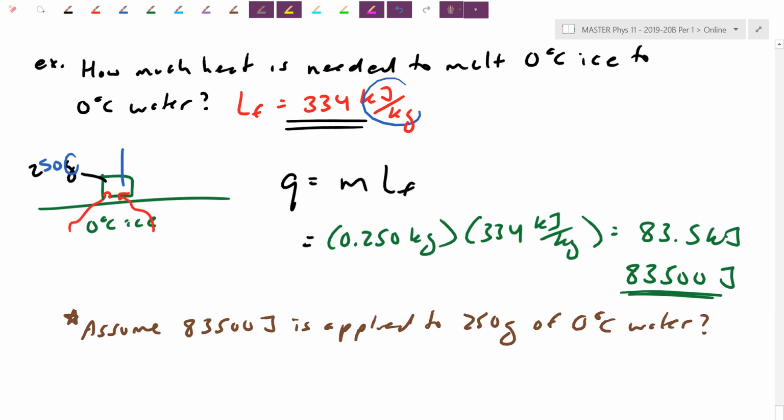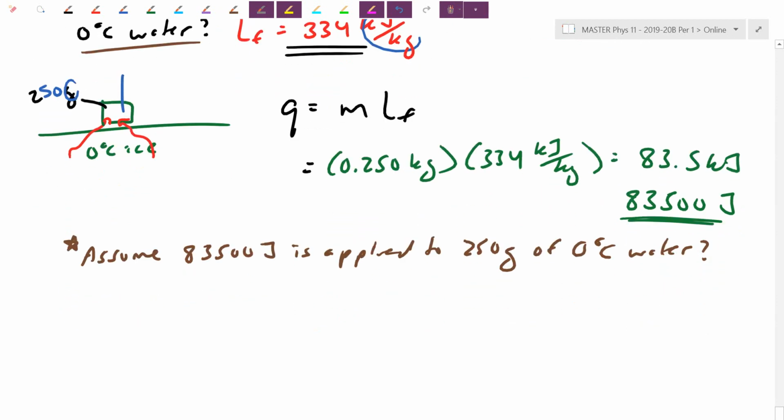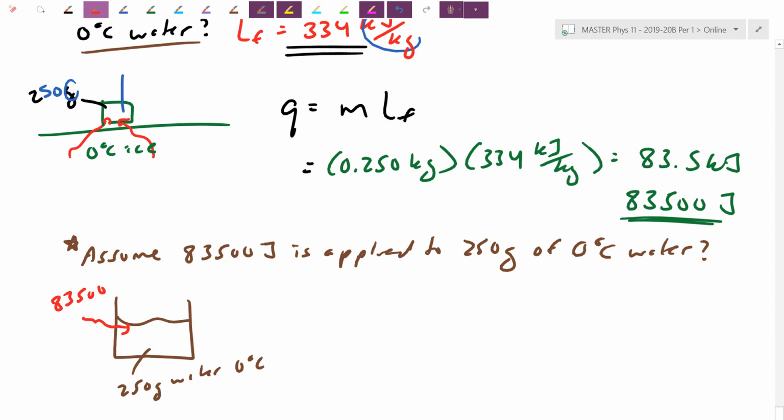So how this question has changed is, we started from 0 degree ice just to accomplish a phase change, solid to liquid. And now I'm going to apply a second 83500. It's now already water. We have 250 grams of liquid water at 0 degrees. It now doesn't need to melt anymore.